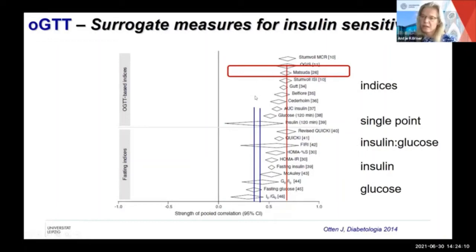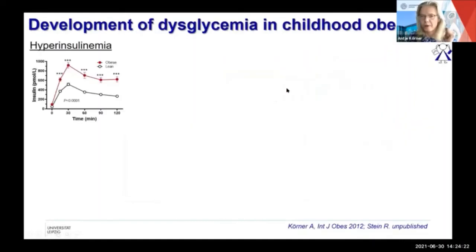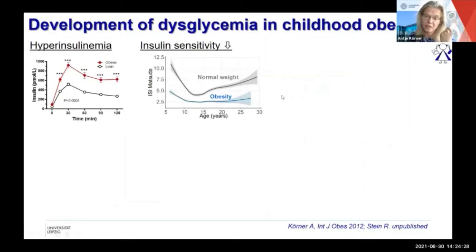But you also see that the OGTT-derived indices, particularly those that are reflective of insulin sensitivity and relate the insulin response to the glucose levels, may perform better. But we do not have any parameters or cutoffs for that. And this is what I think, or what we feel, is important to have.